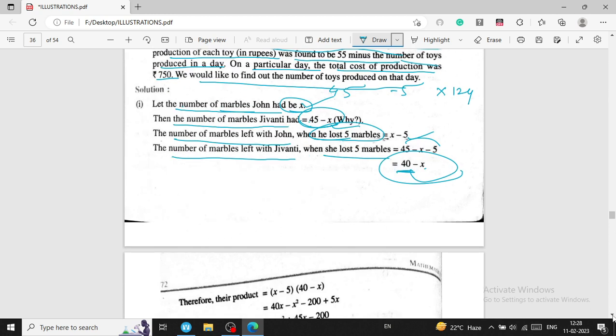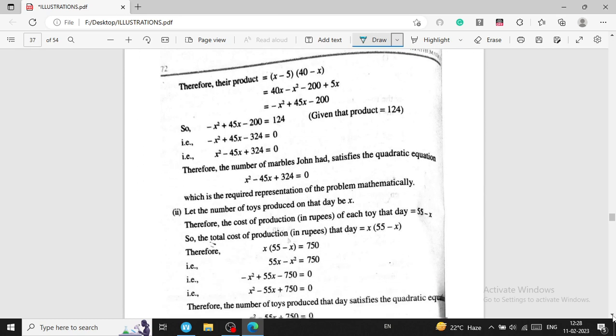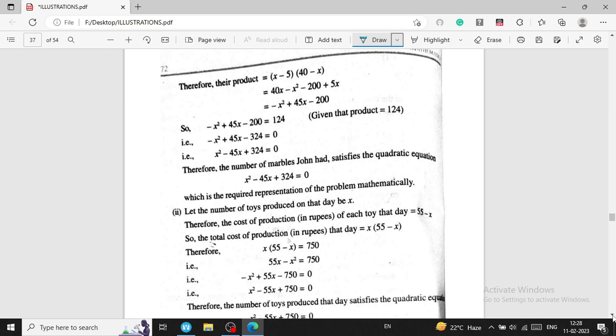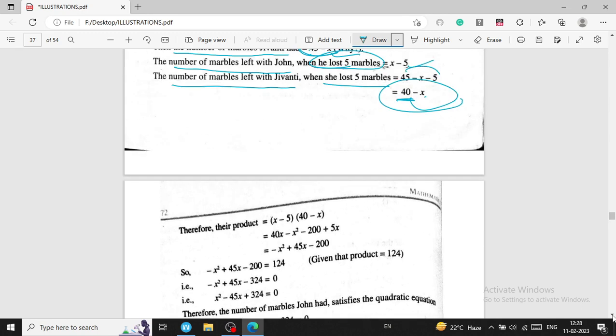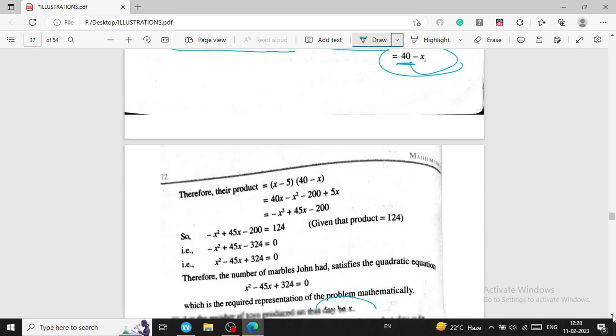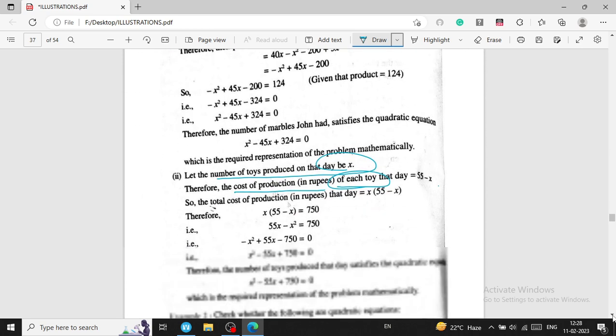First of all, you have to assume the number of toys produced on that day is x, and the cost of production in rupees of each toy that day is 55 minus x. Why 55 minus x? Because it is given here as 55 minus the number of toys produced on that day.